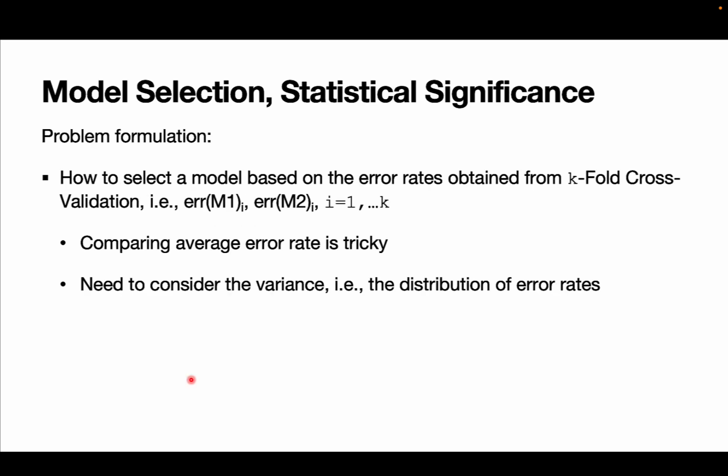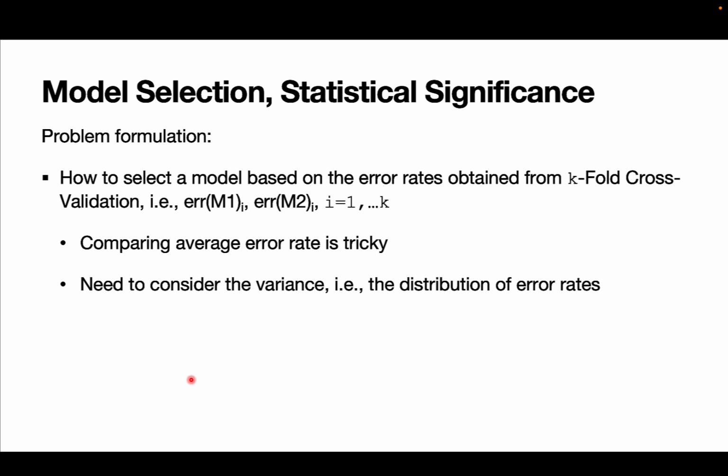For model selection, we bump into the following problem formulation. Suppose I performed k-fold validation for a number of models, and for each model I compute accuracy, or let's say the error in our case, and we have two classifiers with the same number of errors.